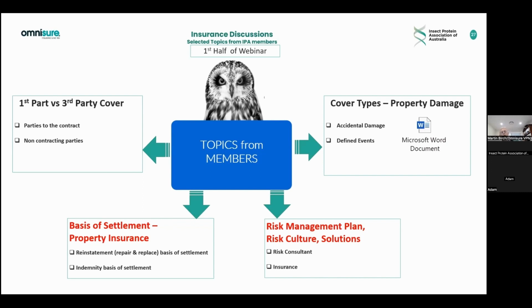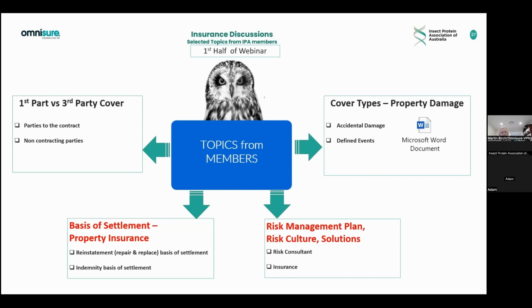However, with indemnity basis of settlement, if that appears on your policy schedule, the insurer's obligations are such that the loss is assessed taking into account depreciation. In other words, they focus on the condition of the property just before the loss happened, and the obligation is to indemnify you for the property in that condition and no better than that.